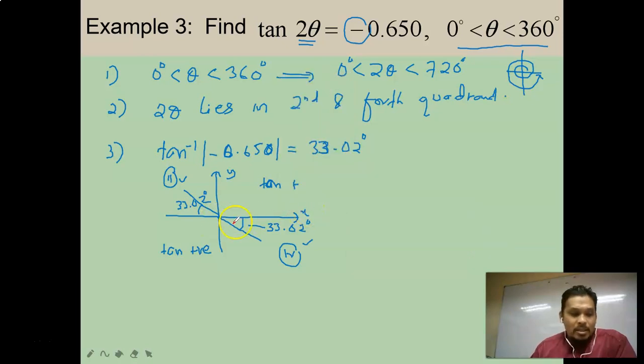Okay, next, find the angle from here up to here, and the second cycle up to here.